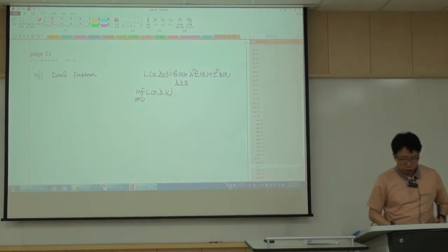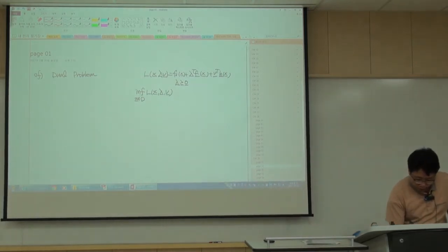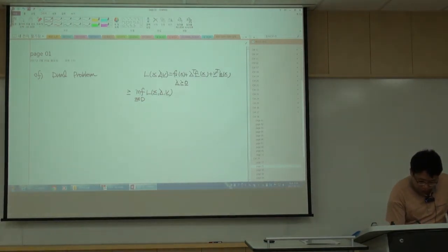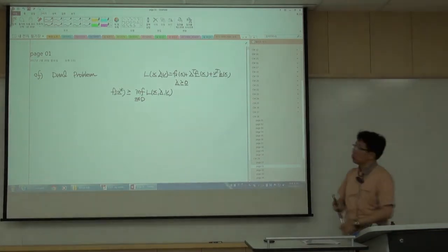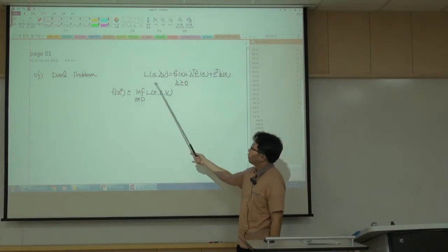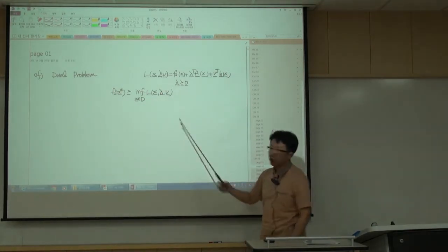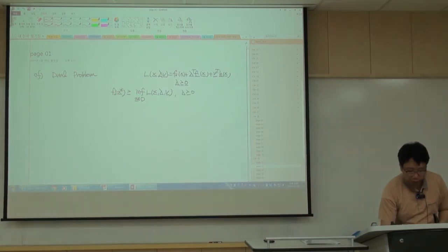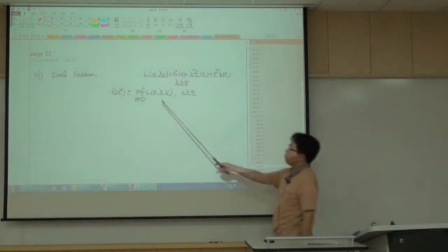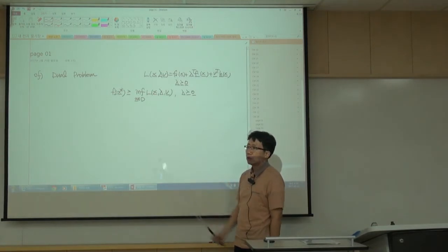And we could show that this value, for any lambda and nu, for lambda non-negative, we can find a lower bound.